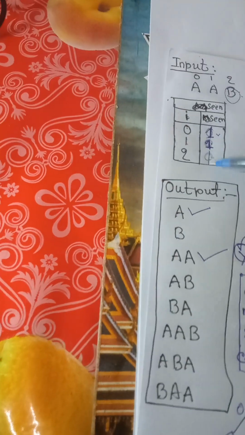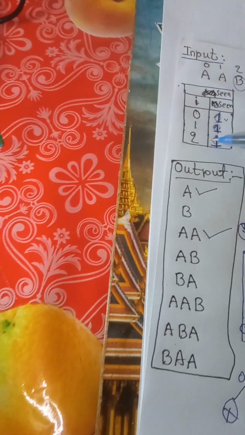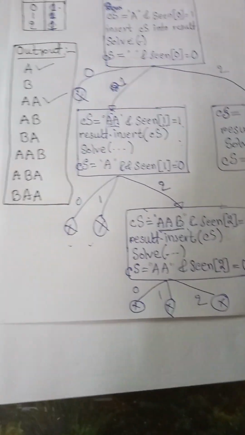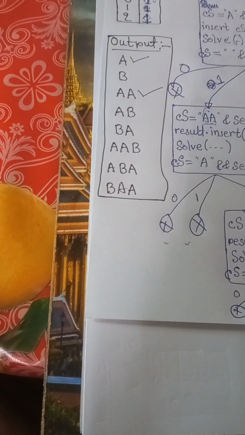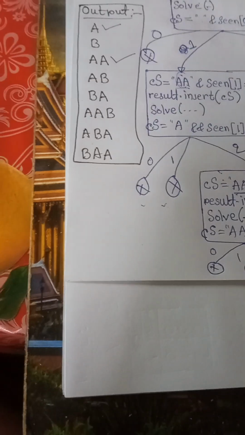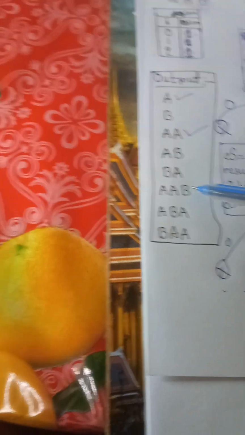So here I have to update this, it becomes 1. Seen[2] becomes 1, and I am inserting this AAB into my result. So here you can see AAB.